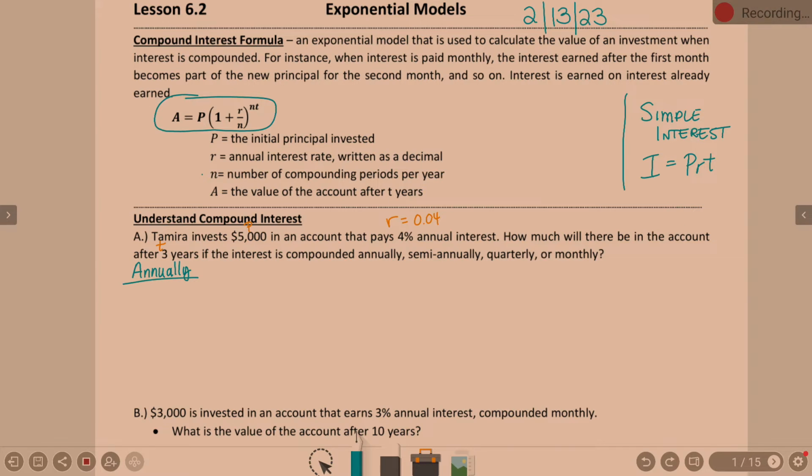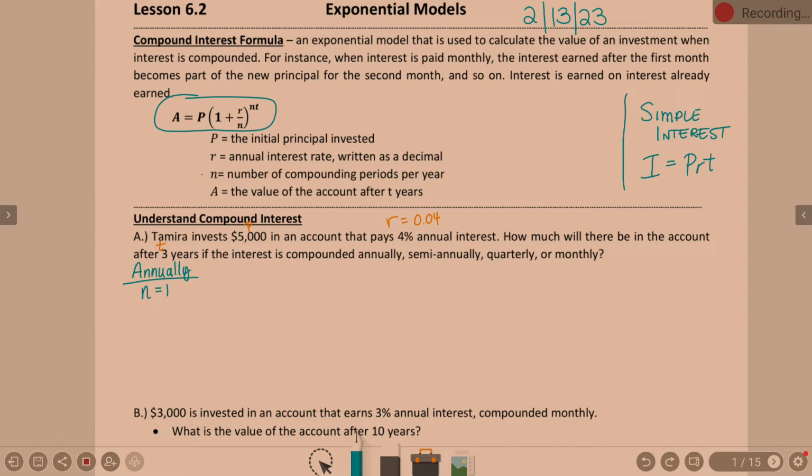This whole idea of annually, semi-annually, quarterly, or monthly is all of us trying to figure out what N is. So annually. If something is done annually, how many times a year is that done? Once, right? So realize if you see that word annually in a problem, N is 1 because you're compounding the interest once a year.